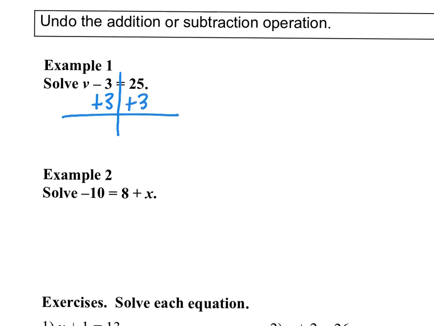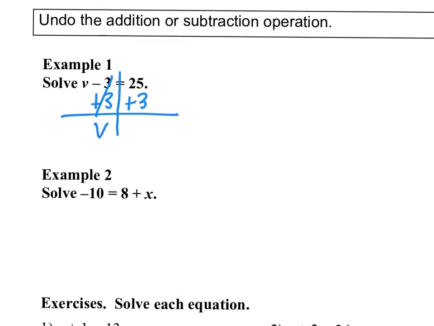Minus 3 plus 3 cancels and makes 0, but I don't need to write 0, do I? Do I need to put v plus 0? Is that going to change anything? No, so I have v left over on my left side. On my right side, I have 25 plus 3, which is what? 28. Okay, so there we solved that problem.